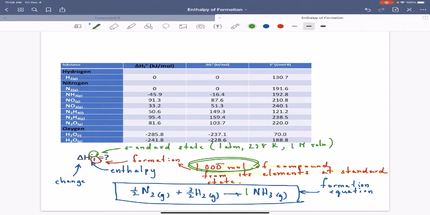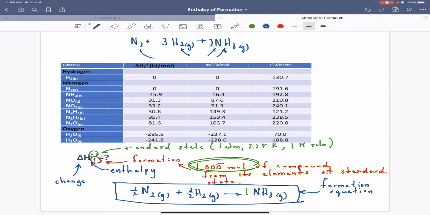Is that how we would normally write this? Probably not. If we were making ammonia, we would say, well, we need nitrogen gas and hydrogen gas. And then to balance it, we would recognize that ammonia has hydrogens that come in group of 3s, but hydrogen, the element, comes in group of 2s. So let's shoot for 6. Let's have 3 moles of hydrogen gas to form 2 moles of ammonia.